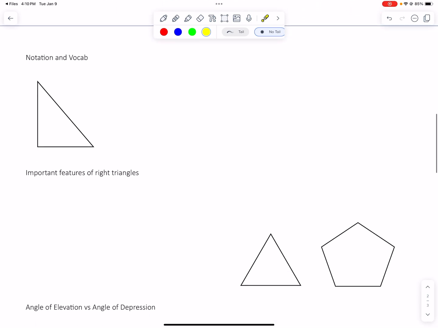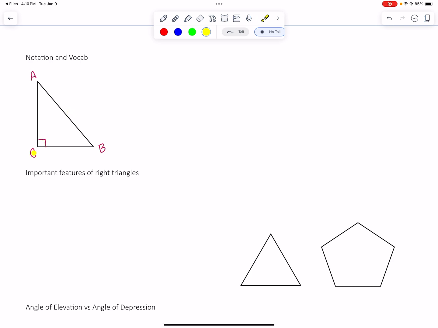A few key notes here are making sure that you know your notation and your vocabulary. When you're working with a triangle, especially our right triangles here, we like to take our vertices and label them, usually, with capital letters, and then the side lengths are usually named by the opposite vertex.